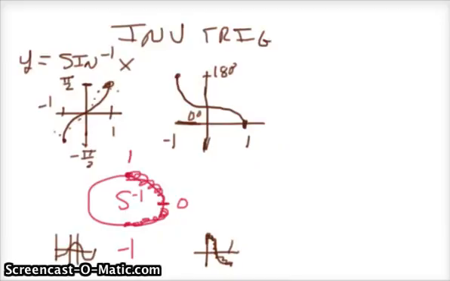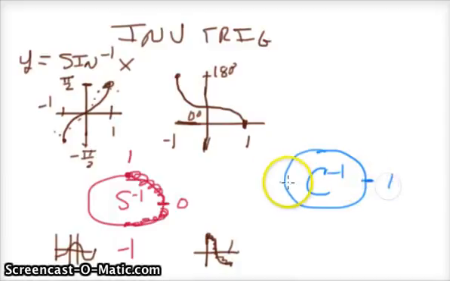Cosine's a little different. Without a long explanation, inverse cosine, remember its values are from 1 to -1, and the angle measures go from 0 degrees all the way over to 180.